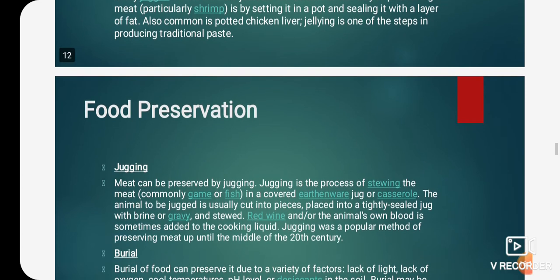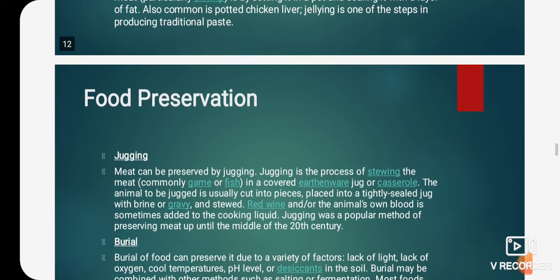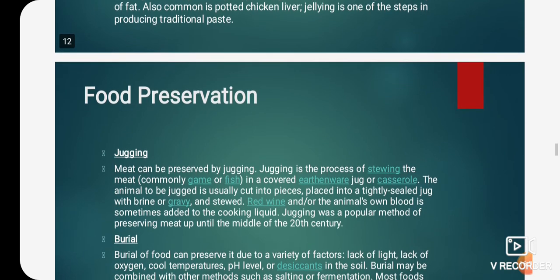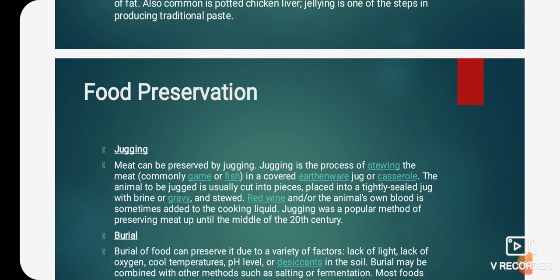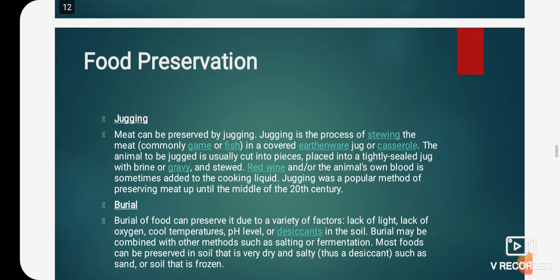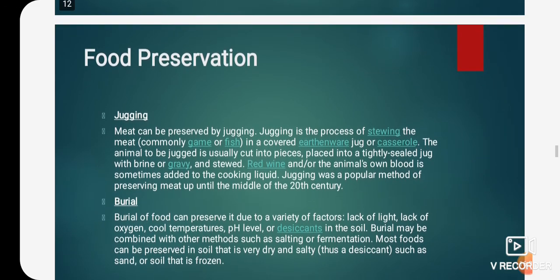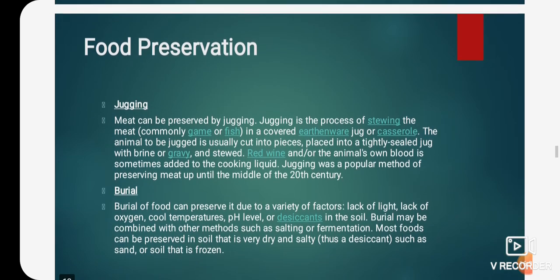The animal to be jugged is usually cut into pieces, placed into a tightly sealed jug with brine or gravy, and stewed. Red wine and/or the animal's own blood is sometimes added to the cooking liquid. Jugging was a popular method of preserving meat up until the middle of the 20th century.